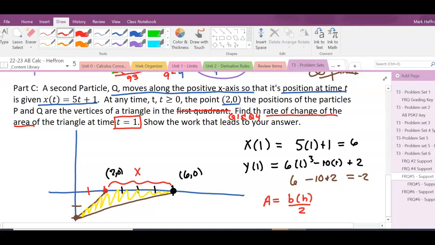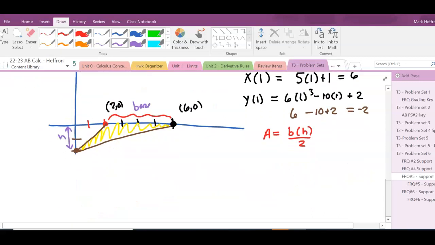So x, we'll just call this whole distance the base, and this distance is the height. So my A prime, or my dA dt, will be the product rule, 1/2 times b prime h plus h prime b.